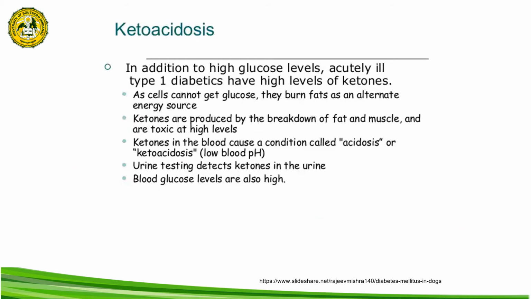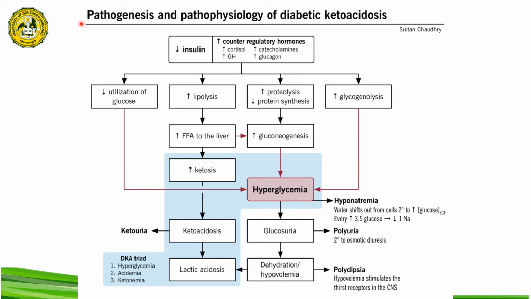This diagram represents the pathogenesis and pathophysiology of diabetic ketoacidosis or DKA. DKA is a result of an absolute or relative insulin deficiency leading to ketoacidosis, volume depletion, and hyperglycemia. Insulin is the primary anabolic hormone that allows peripheral tissues to uptake glucose.